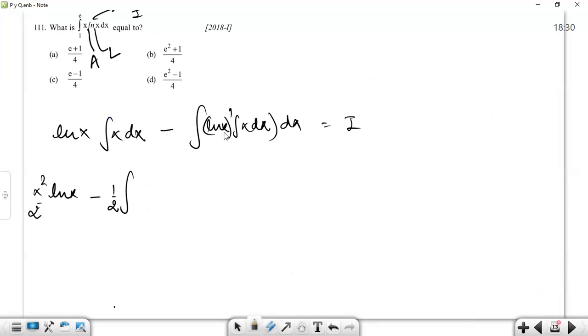So the differentiation of ln x is 1 by x. Integration of x dx is x square by 2, into again integration.